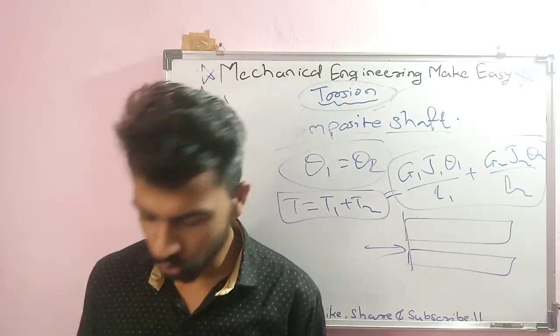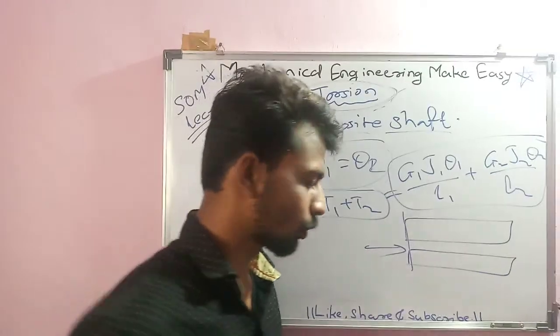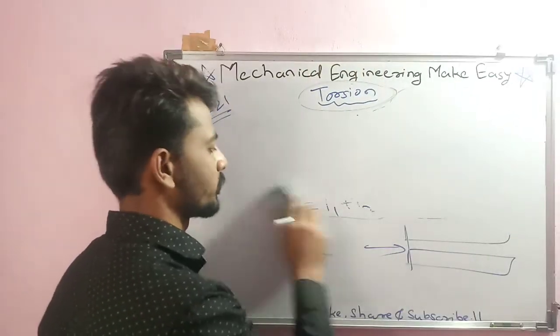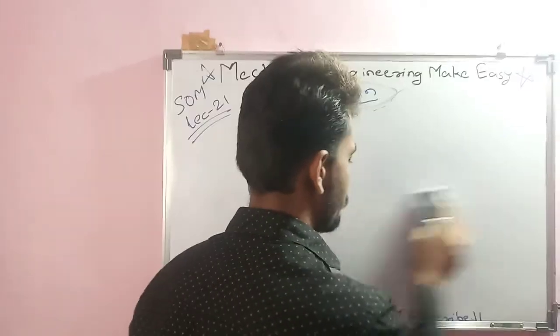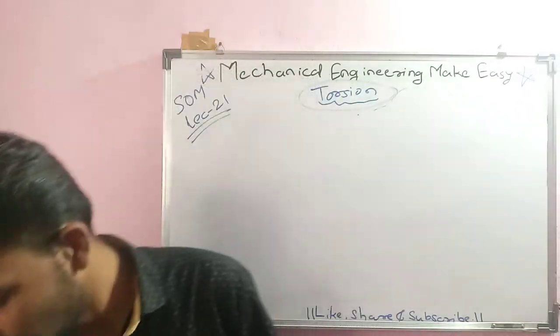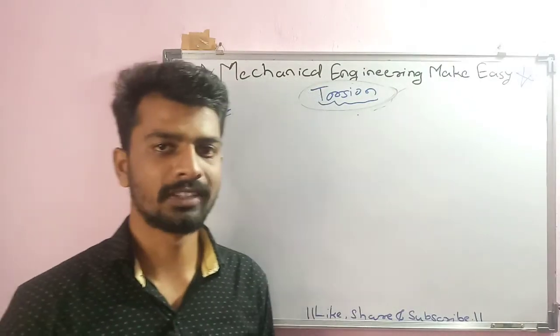Then we will move towards the next topic, members subjected to combined bending and torsion. Till now we have studied torsion in this lecture, and some 2 to 3 lectures before we studied bending stresses and calculated all the bending formulas.